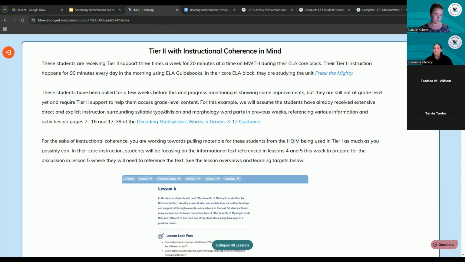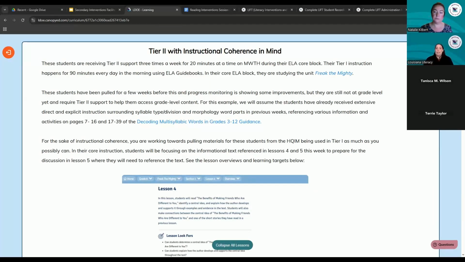So tier 2, we know, especially in secondary settings, it's not always possible for you to have the personnel and the time and the space for you to pull people out into a whole separate times and spaces for tier 2. That's why we kind of recommend that 90-minute block. So let's say you have 60 to 70 minutes of that core lesson happening. Once the actual core lesson is over, you can pull students for tier 2 during that time.